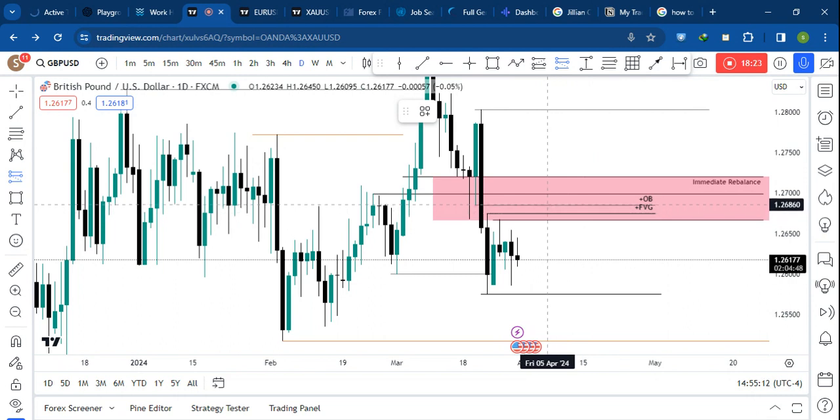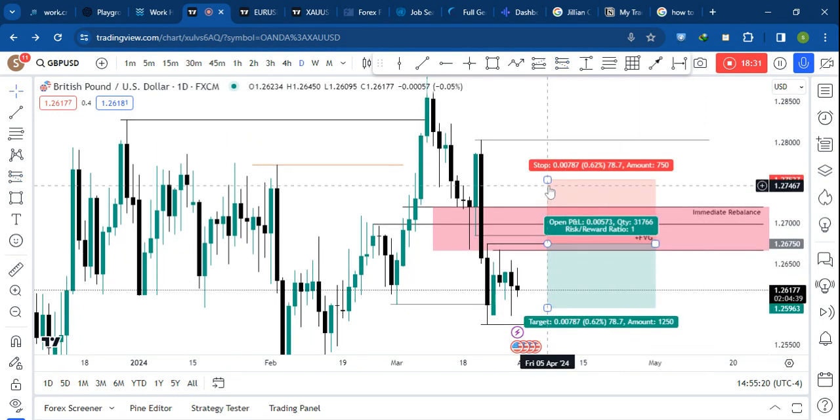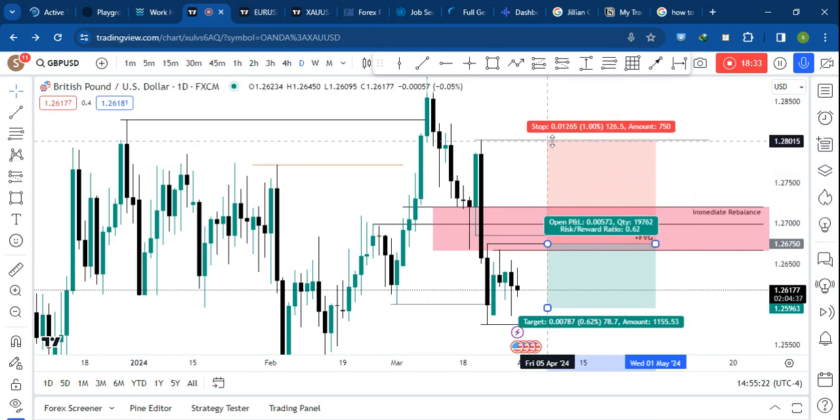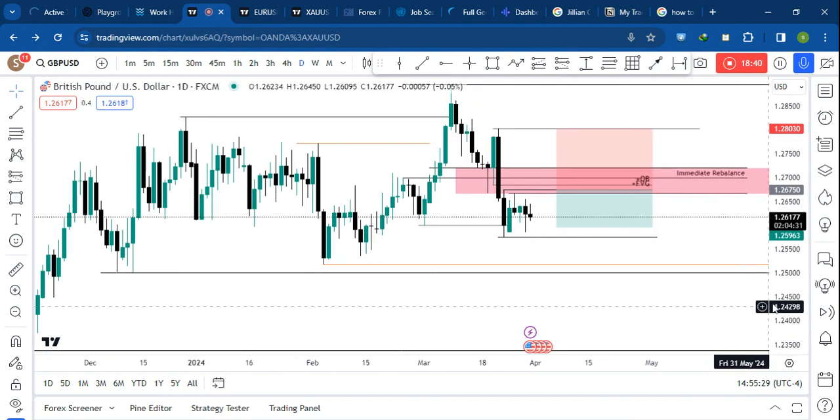My entry can be considered both on a fair value gap and a tighter sell, depending on your account size. But if you're going to risk, let's say, 125 pips, then getting a 2RR or a 3RR on this area is not a bad idea.